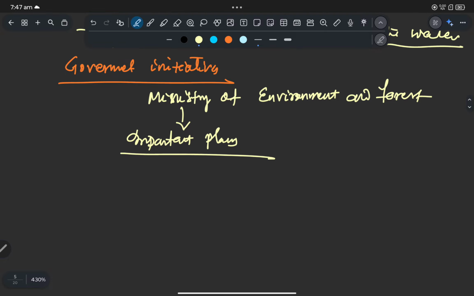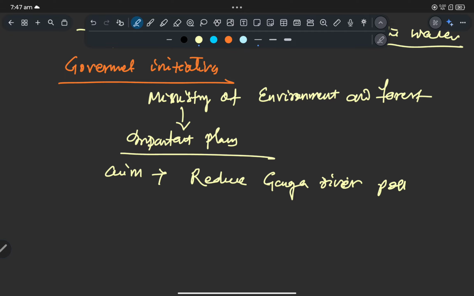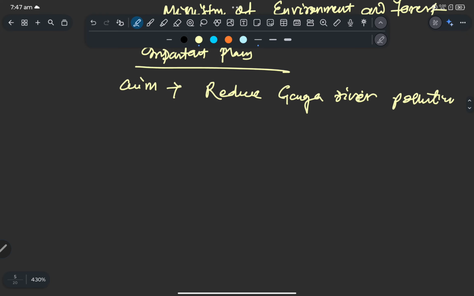And what is the aim of this? Its main aim is to reduce Ganga river pollution. And all of you know what is the importance of Ganga river for the population of India.